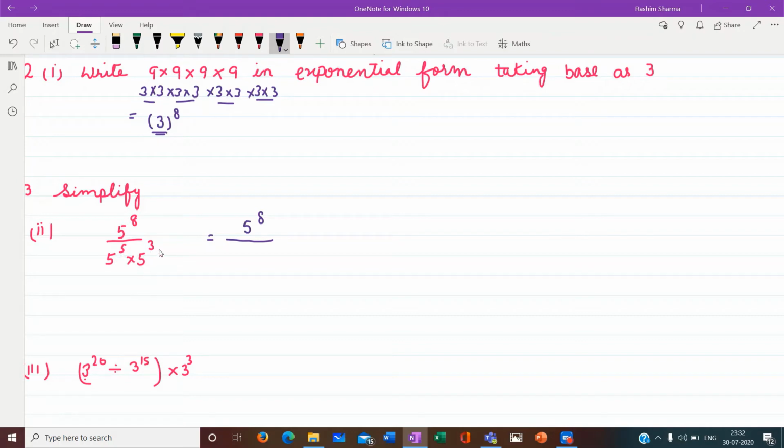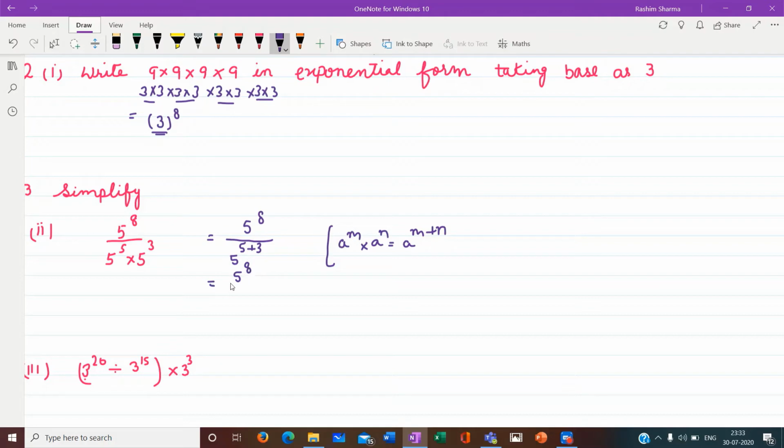So it means powers will be added. So we will do here 5 raised to power 5 plus 3. This is first law. What is that law? That is a raised to power m into a raised to power n is equal to a raised to power m plus n.